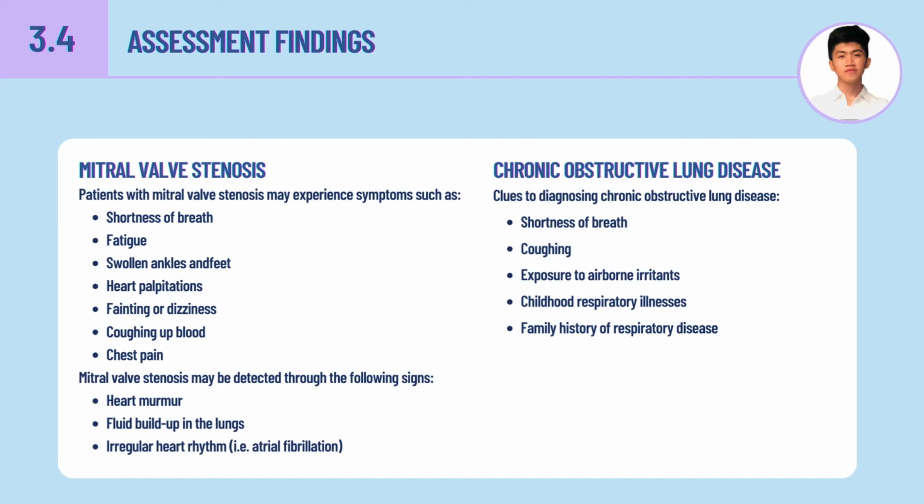Mitral valve stenosis may be detected through the following signs: heart murmur, fluid buildup in the lungs, and irregular heart rhythm. In chronic obstructive lung disease, clues to the diagnosis are shortness of breath, coughing, exposure to airborne irritants, childhood respiratory illnesses, and family history of respiratory disease.